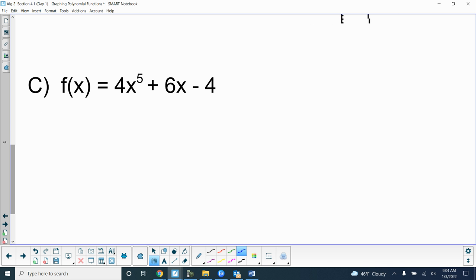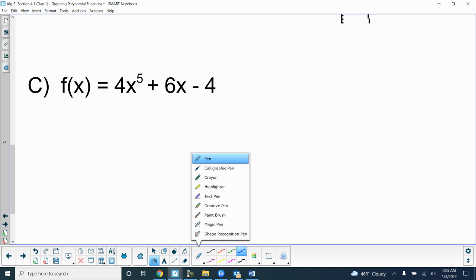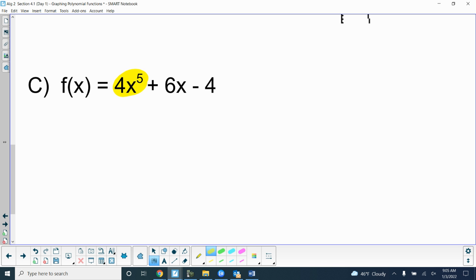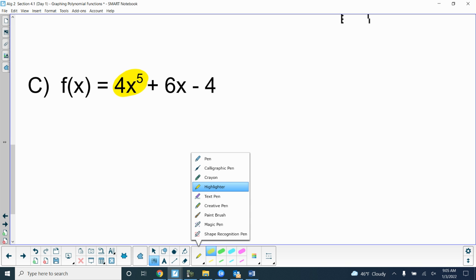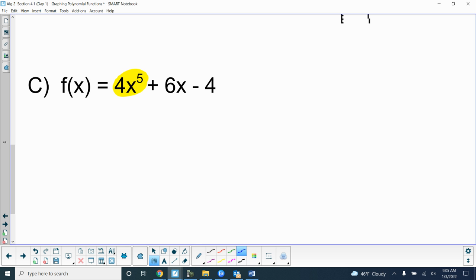All right, so this is a positive leading coefficient. So what's the far right doing? Going up. Again, we're just looking at this. Make sure it's in the right order. You got your highest degree. So it's a 5th degree quintic trinomial, so it's only got 3 terms, right? And my far right is going up.